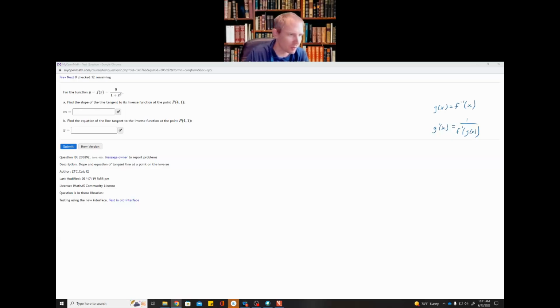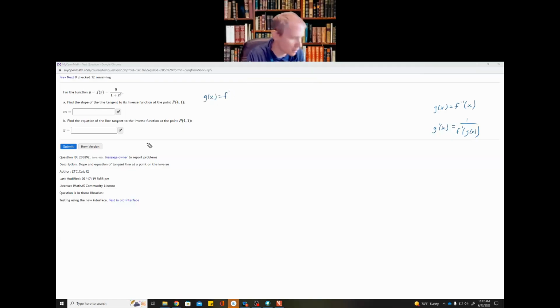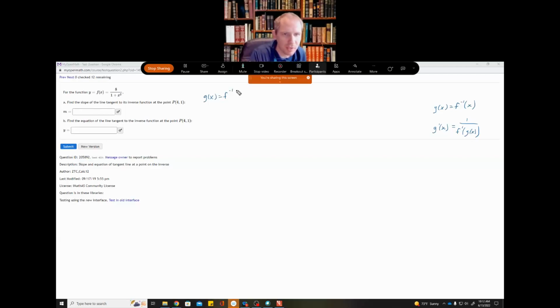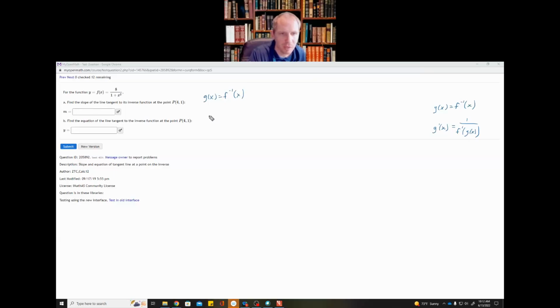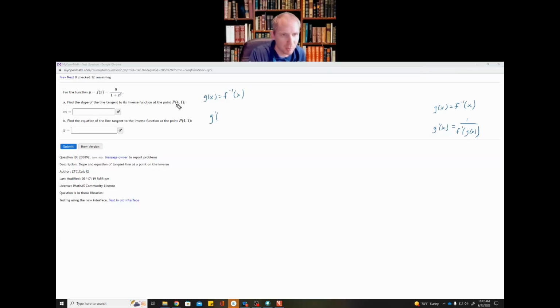So if g of x is the inverse of f, then what we're doing is we're saying find the slope of the tangent line to the inverse. So g prime at the point 4, 1. So I'm plugging 4 in for x and 1 in for y.